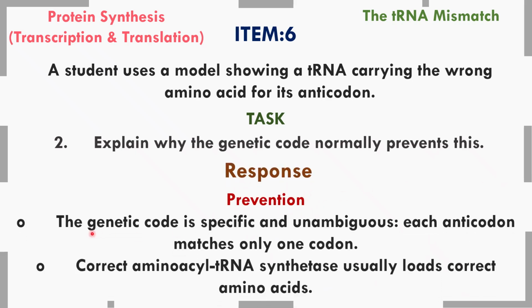Prevention: the genetic code is specific and unambiguous. Each anticodon matches only one codon. The correct aminoacyl transfer RNA synthetase usually loads the correct amino acids.